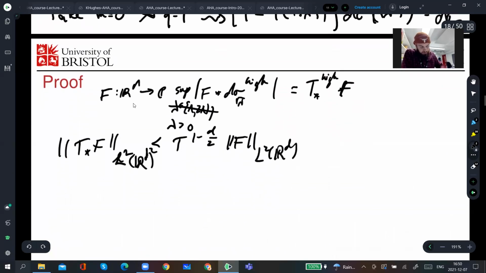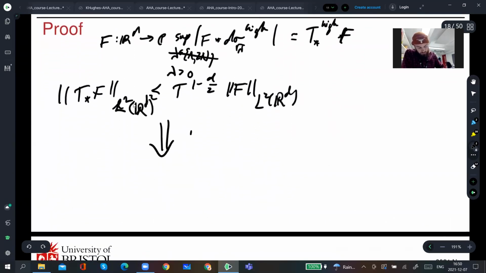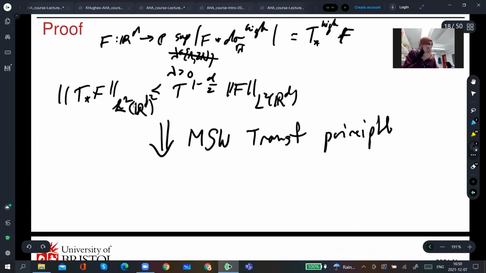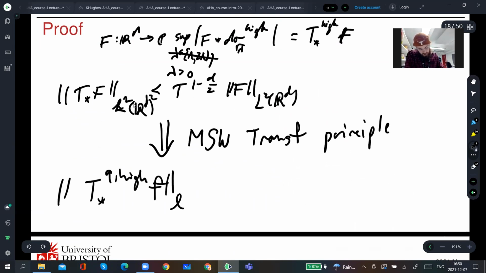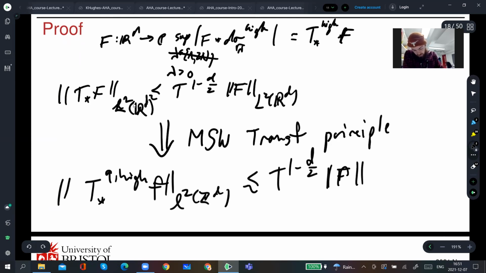That tells me, so Magyar-Stein-Wainger transference or sampling says that we have T star Q of f on L2 of Z^D is at most T to the 1 minus D over 2 of f, oh sorry, little f on L2 of Z^D.